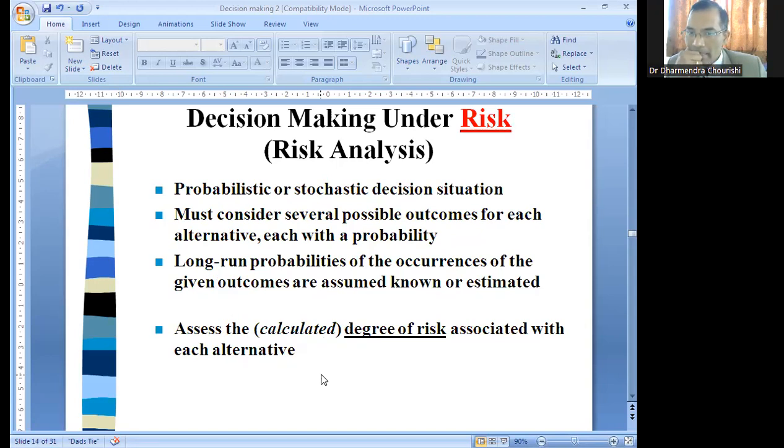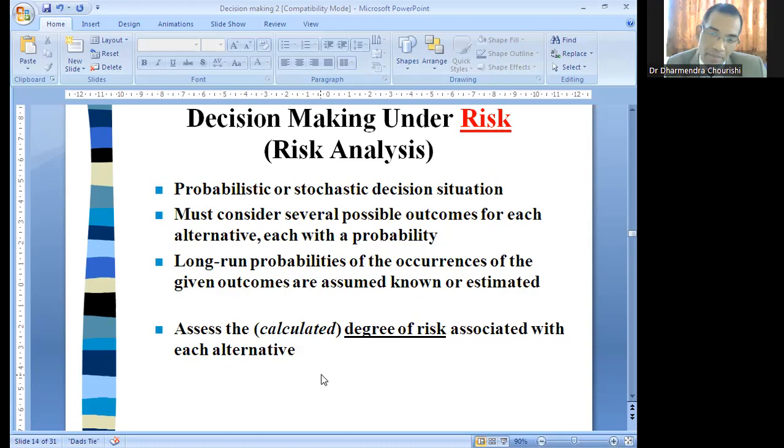Likewise, decision making under risk analysis. As we know, there will always be risk included, it is a part of the game, right? So we have to consider risk factors as well while going through the complete process. So a probabilistic or stochastic decision situation should be considered.